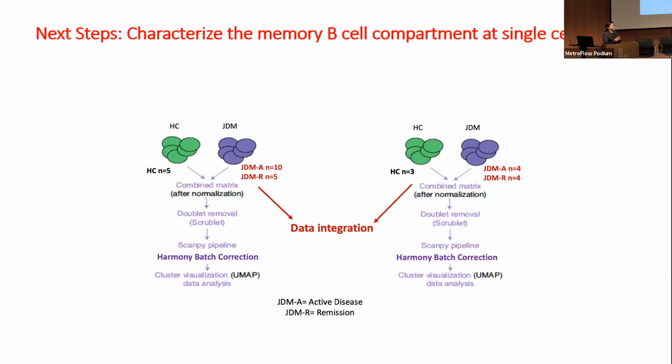So finally, this is something that is ongoing, but we are really interested in looking at the B cell compartment in JDM patients at the single cell level. We have already performed single cell sequencing on a cohort of JDM patients, and we have some preliminary data that suggests that we can distinguish the memory compartment.